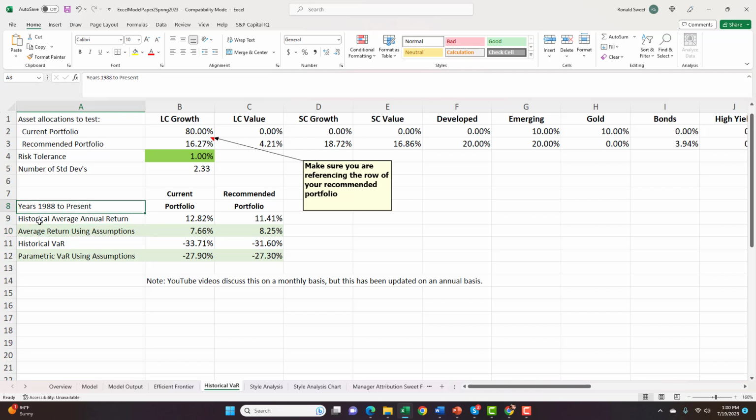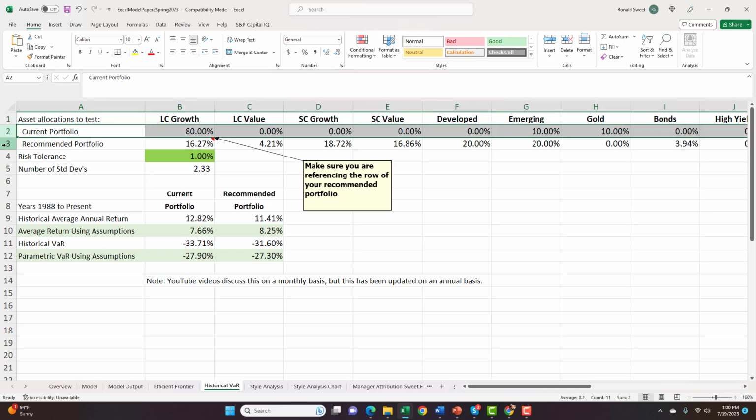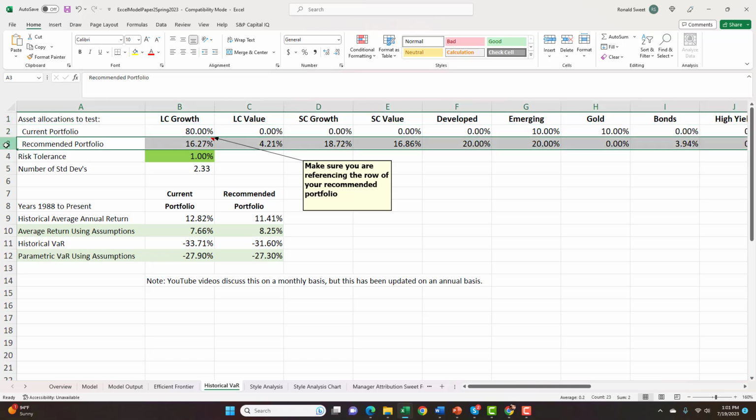And I go back to 1988, so about 25 years of data. And I want to know what was the return of my current portfolio versus what you're recommending, because the wealth manager said, hey, we ran the sophisticated model. We're recommending that you change from this portfolio here to this portfolio. And we're recommending that because, as we saw in the efficient frontier, we think it's going to have a higher return at the same level of risk.